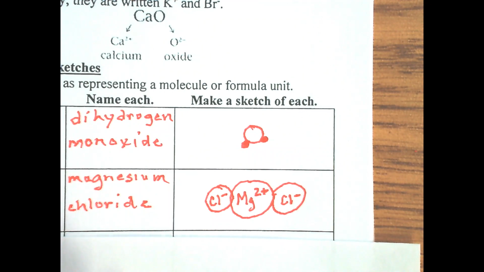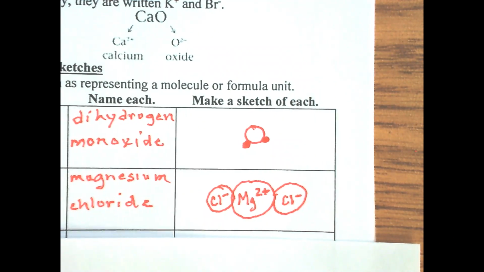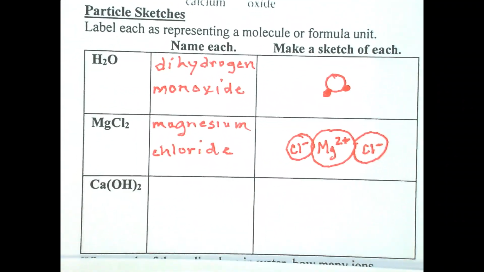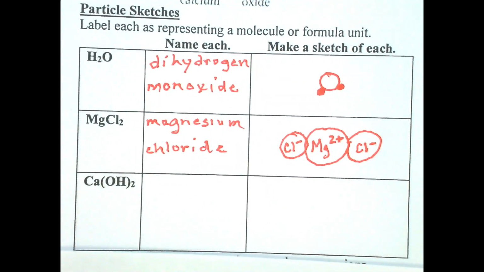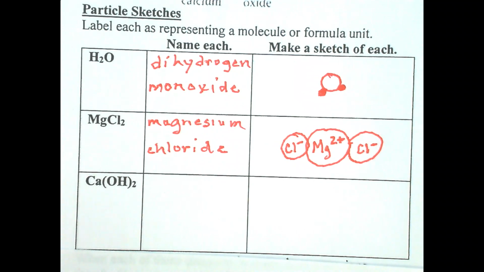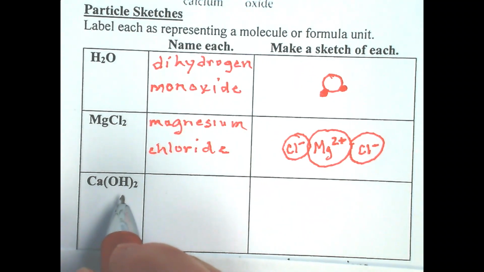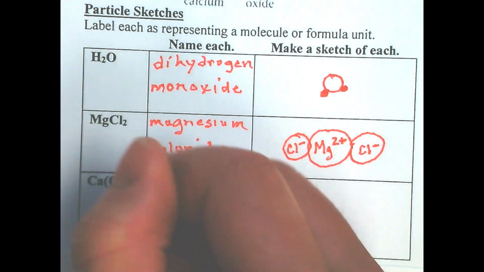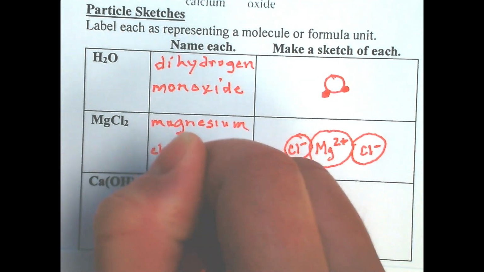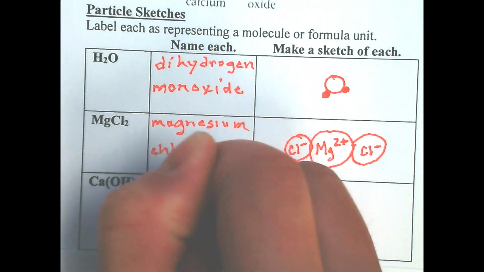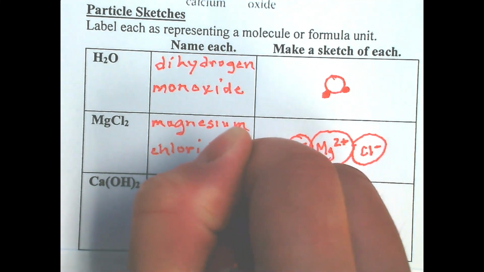All right, so when we sketch them, we show the charges. All right, the next one has a polyatomic ion. It's calcium hydroxide. So we know this is an ionic compound because it has a polyatomic ion in it, right? And it also has a metal. So we're just going to say calcium, no Greek prefixes, unless it's part of the polyatomic's name.